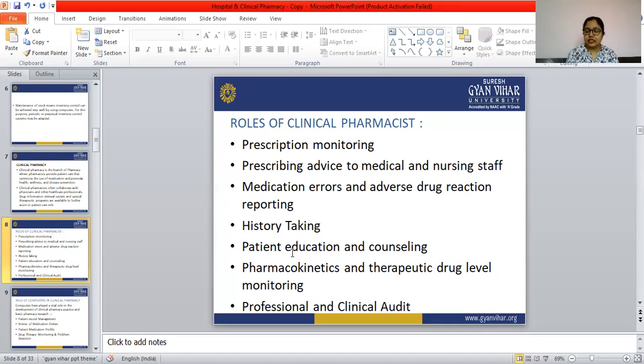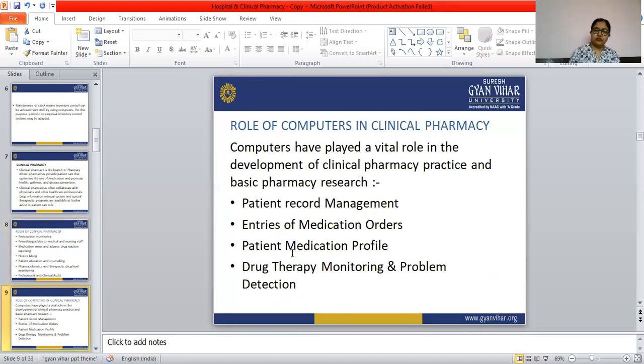It is the duty of the clinical pharmacist. And next is the professional and clinical audit, which they have to do. These are all the roles of the clinical pharmacist.